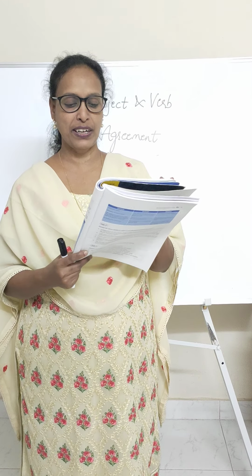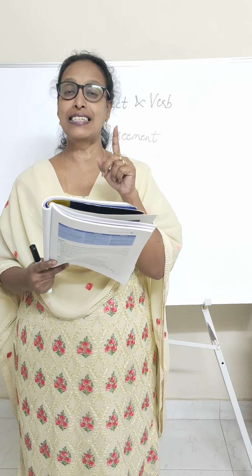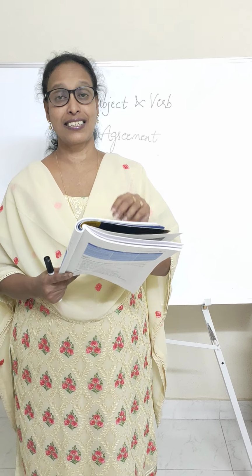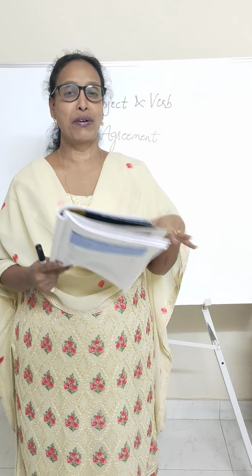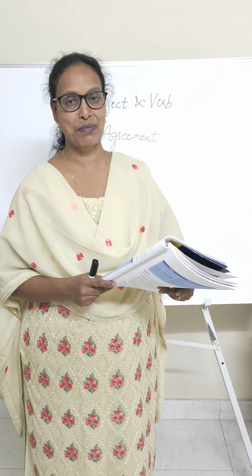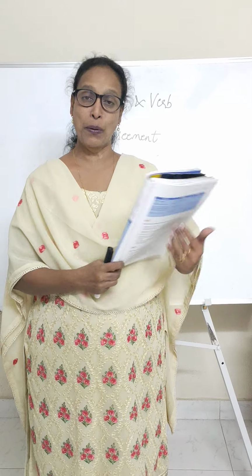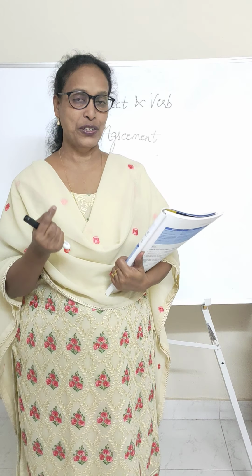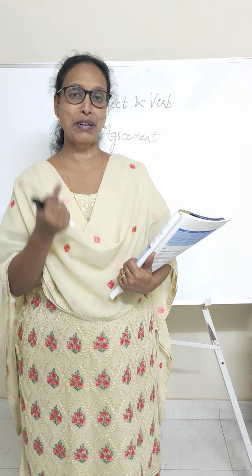Now the example given here is: mathematics is a compulsory subject till class 10. This is the most difficult subject, isn't it? How we wish we did not have mathematics in our subjects, right? So here, mathematics, though it sounds plural, is actually one subject. Yes, mathematics has a lot of problems to be solved, but it is termed under one subject.